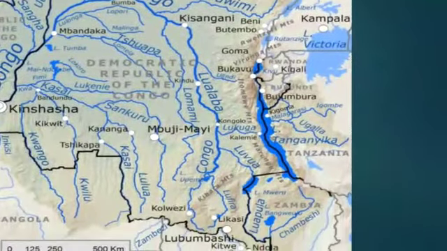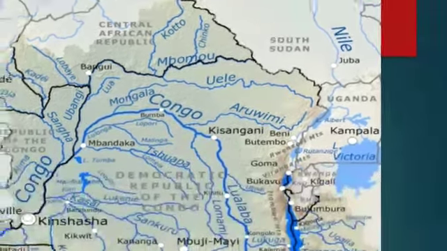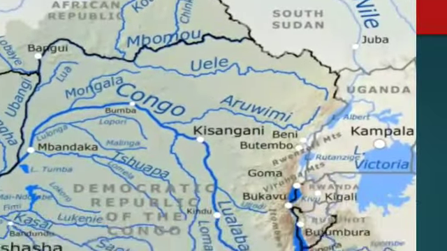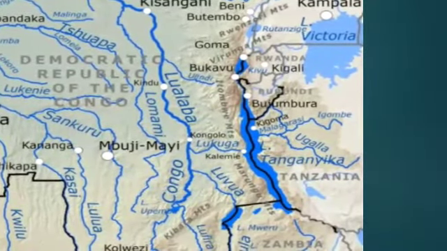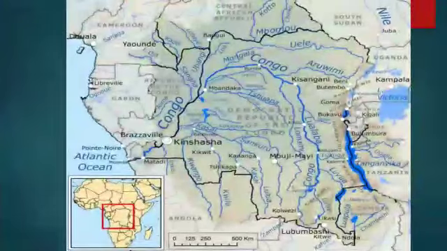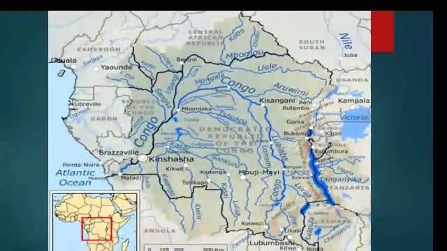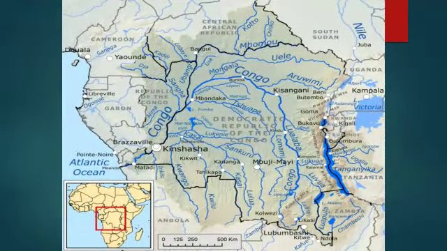Here you can see in the darkest blue color, it is Tanganyika, the biggest lake of DRC. As you can see in the map, all these lakes are situated in the eastern part of the country.